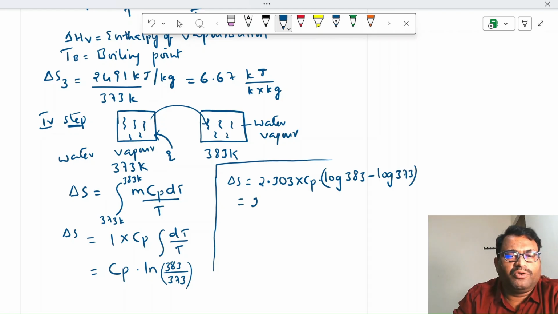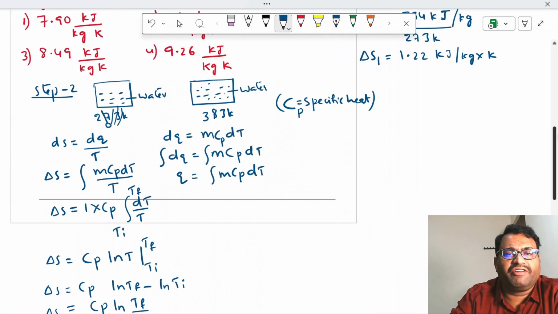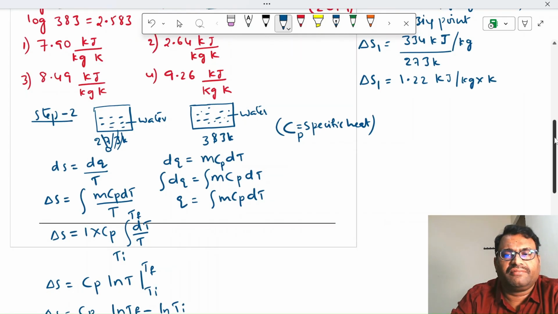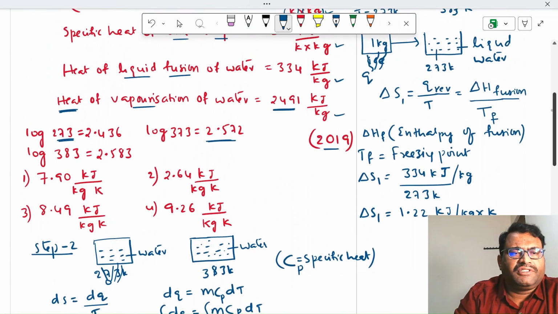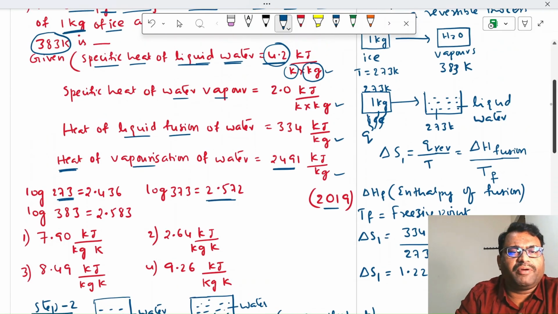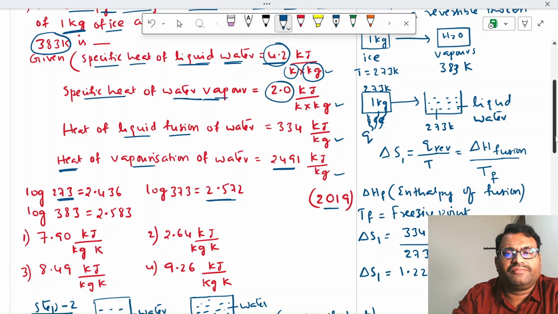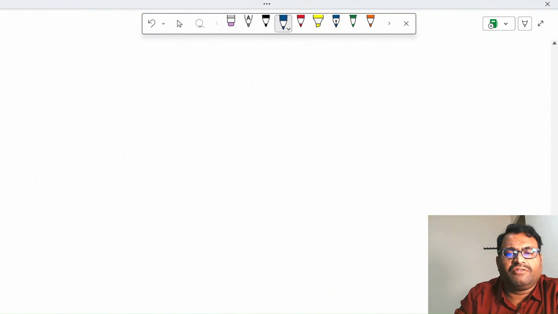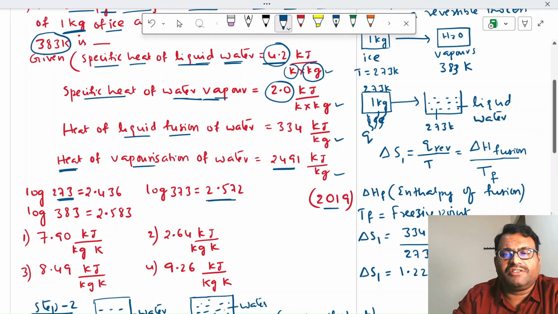What is Cp given? Cp for water vapor. We are speaking about water vapor. The specific heat of water vapor is 2.0. We are using 2.0, right?